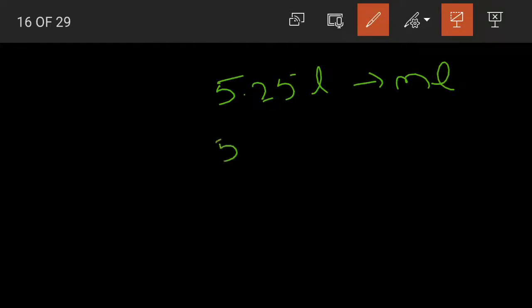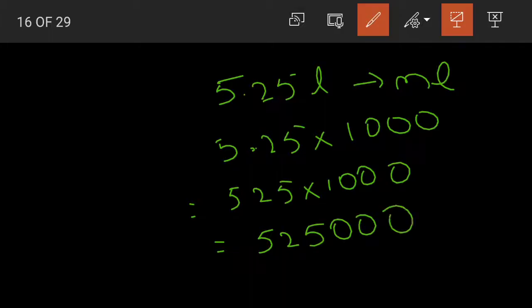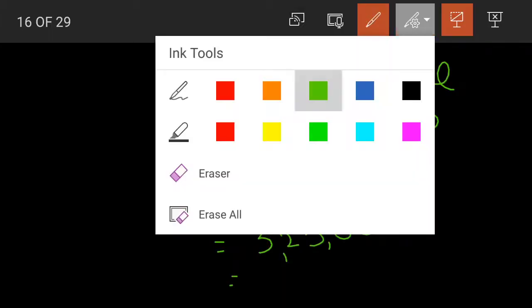Coming to question 2, 5.25 liters into milliliters. Again, 5.25 liters to milliliters, higher to lower unit. We need to multiply by 1000. So that is nothing but 525 multiplied by 1000, that is equal to 5,25,000.